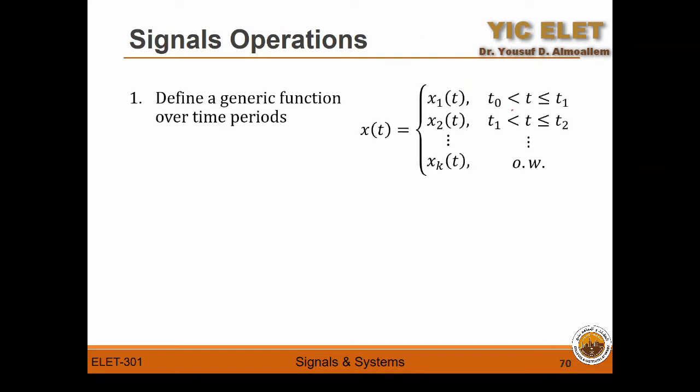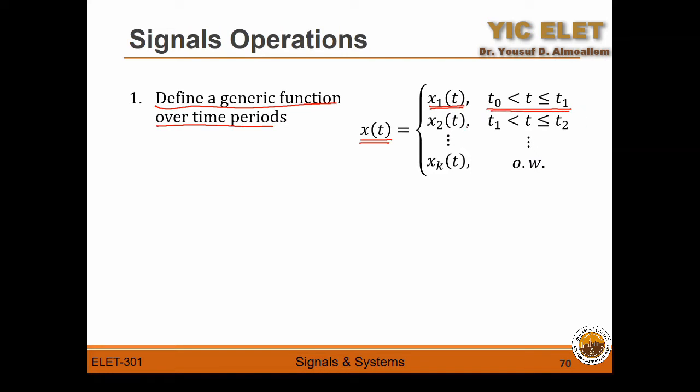Now, to do this, there are some steps that can ease the way. So first of all, we have to identify or define a generic function for the signal over time periods. So this is the signal, like signal A or B or whatever. Then we have to make sure that we understand the definition of this signal on each and every period of time.